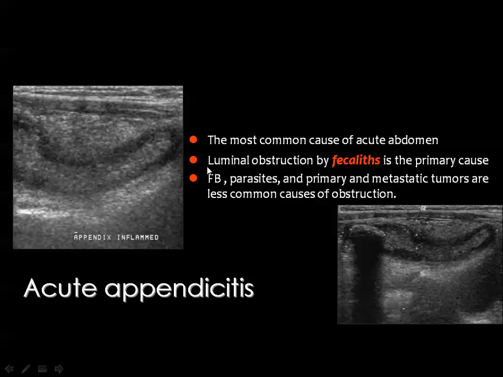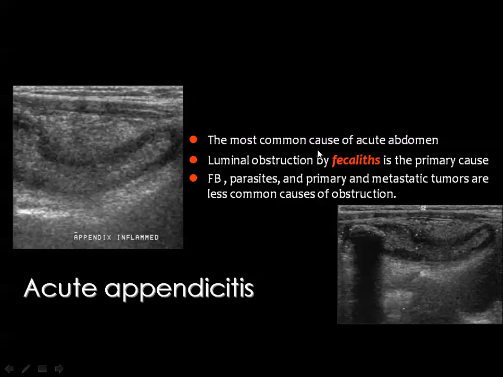And here you can see that the appendix is dilated, it is filled with fluid, the wall is edematous, and many times you can see this foreign body inside the appendix, which is known as appendicolith or fecolith.